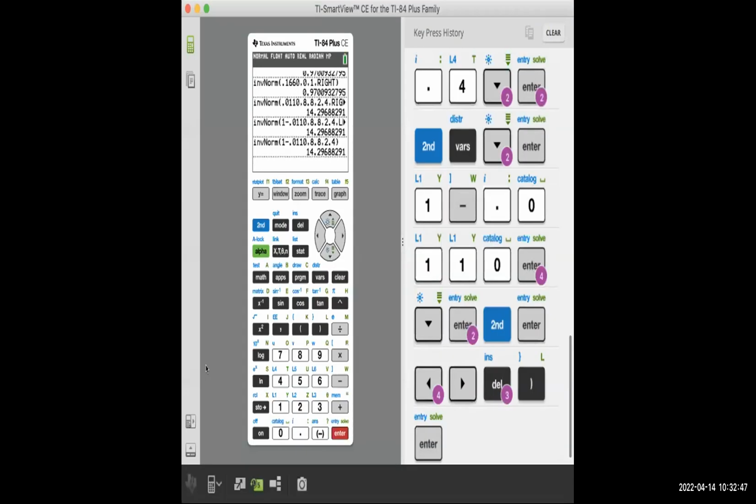Okay, so let me do that. And so let me type in 0.5. I also could have gone from 4.5 to infinity, but wait 1 second.